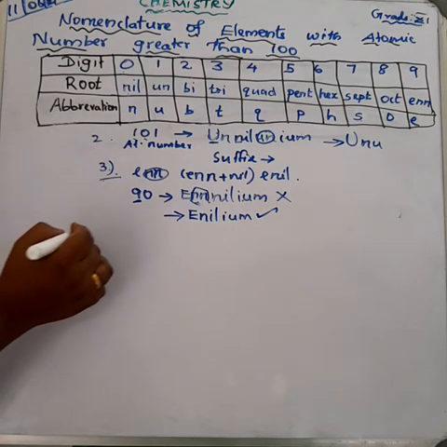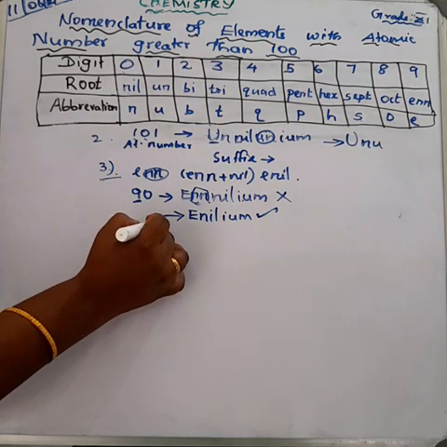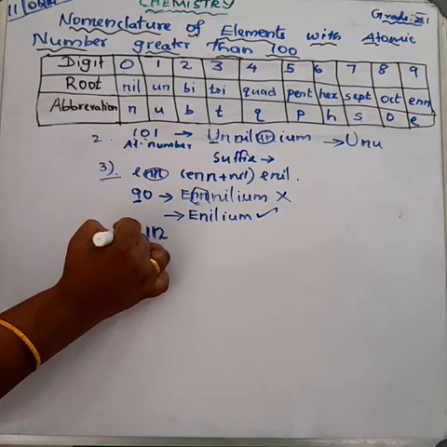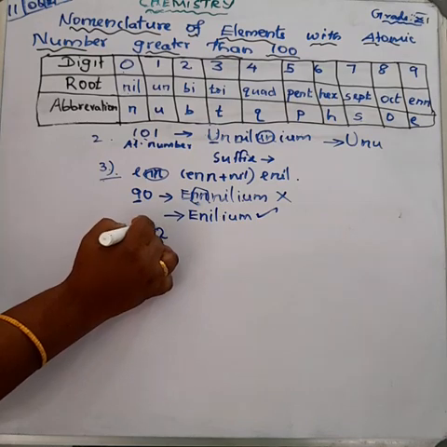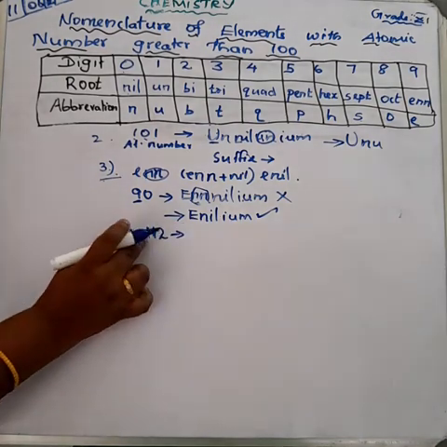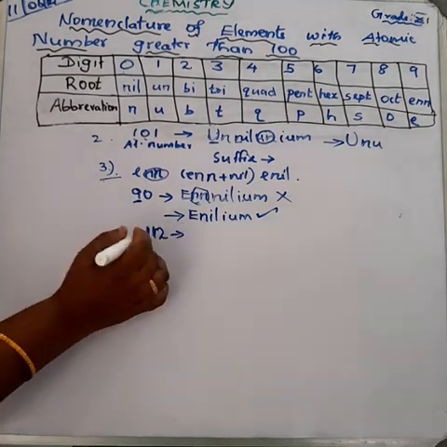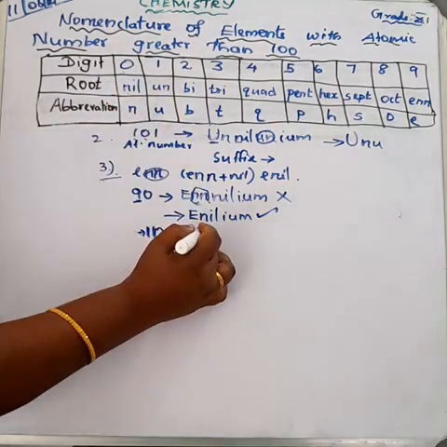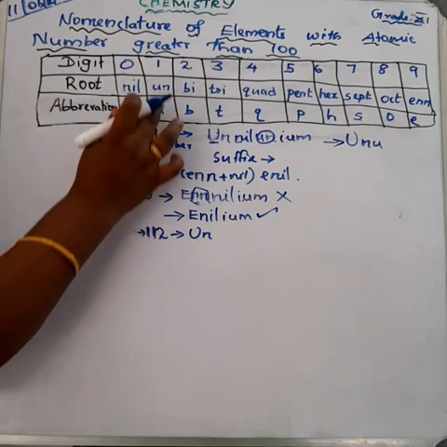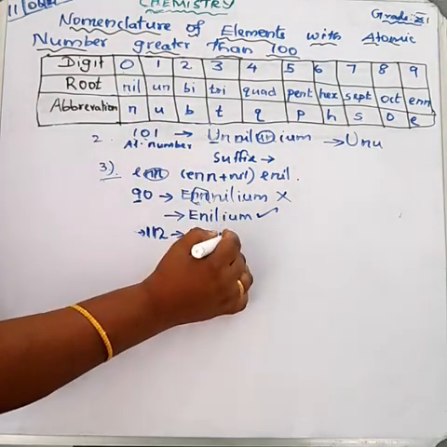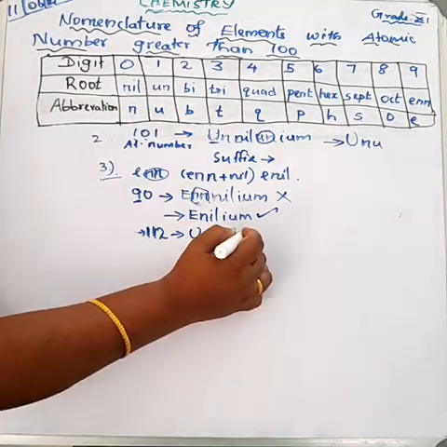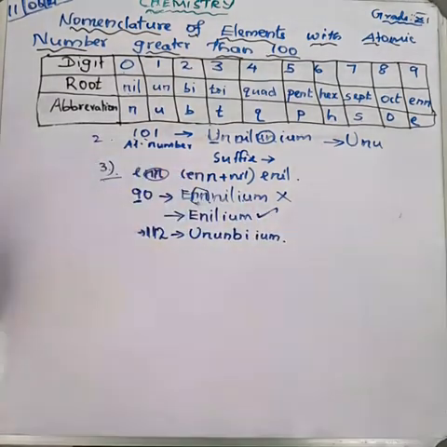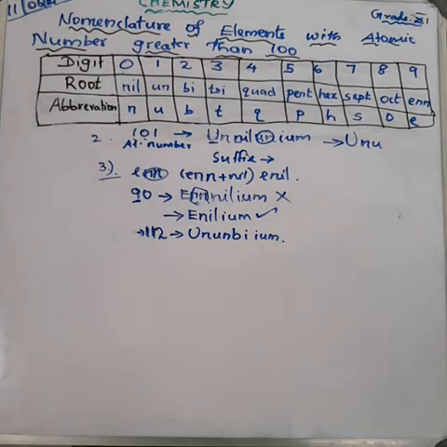Okay, for example, I am taking 112. How can we write the name? For the digit 1, what is the numerical root here? Un. And again 1, un. And again 2, bi. And what is the suffix we are using here? Ium. Okay, here what is the third rule?